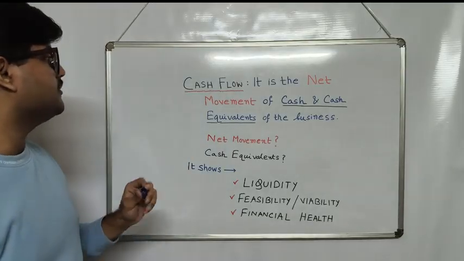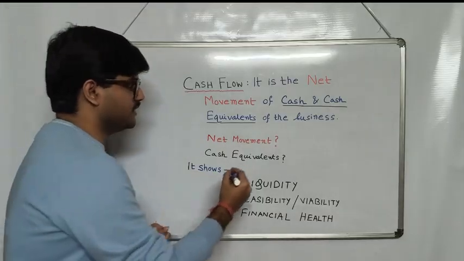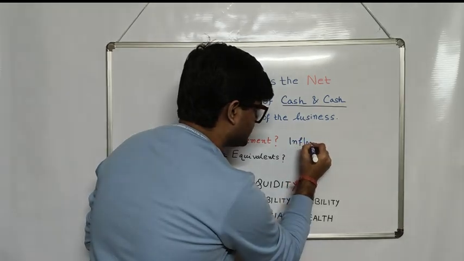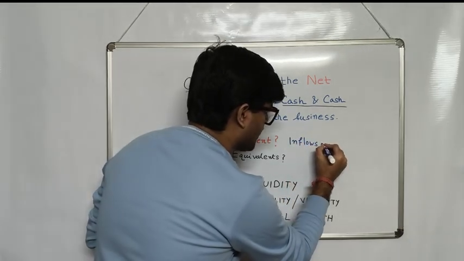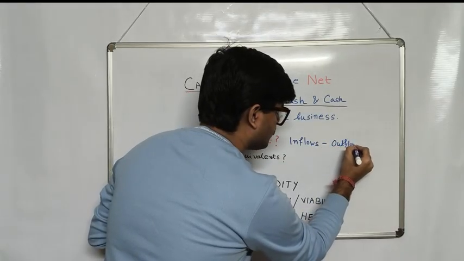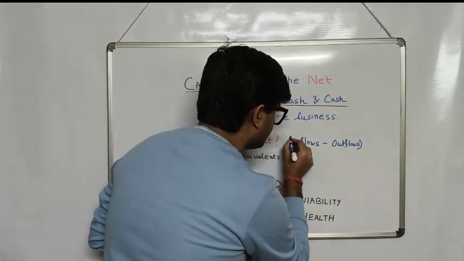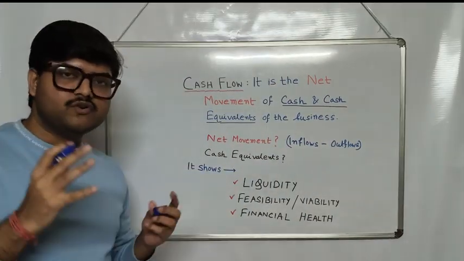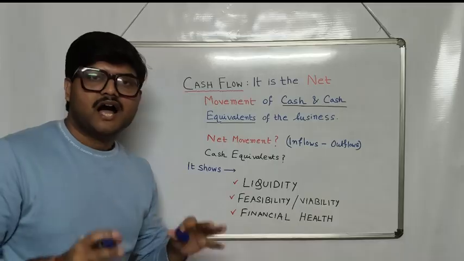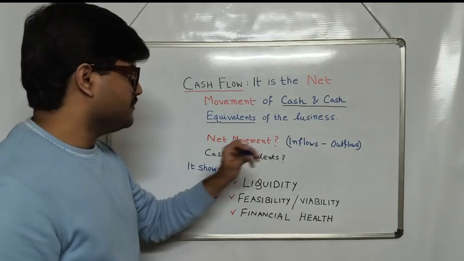Now, what do we mean by net movement? Net movement is the total cash inflows minus the total cash outflows of the business. So all the inflows that are taking place in the business minus all the outflows of cash from the business.